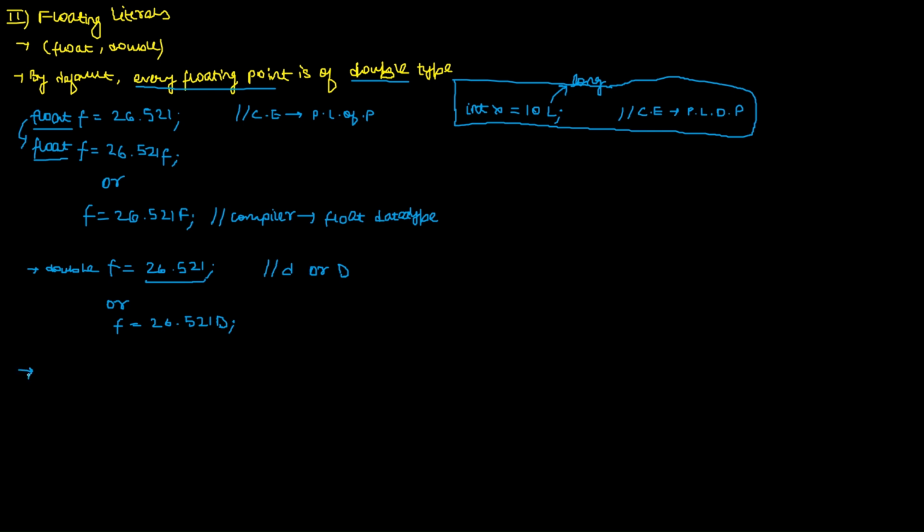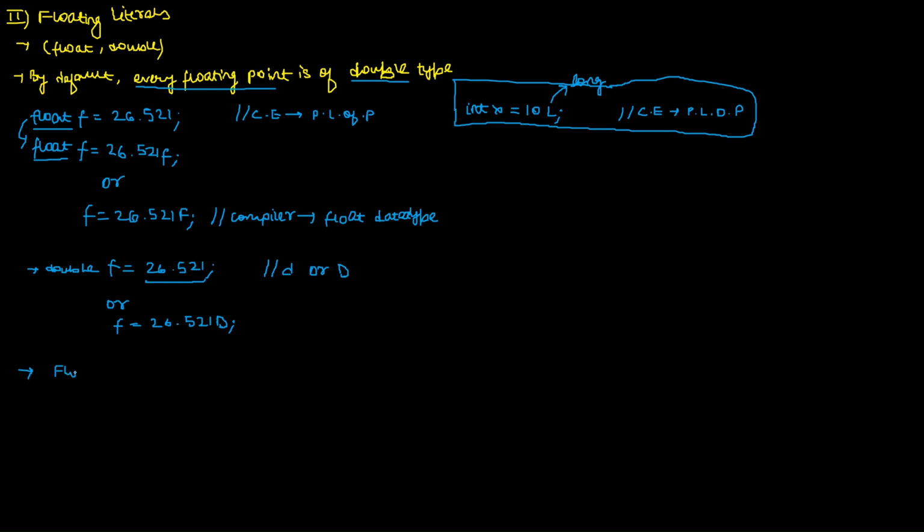Now we can specify floating point literals pretty easily, and we know how to specify double type literals as well. Now the question here would be: can't we have a representation of floating literals in binary, octal, and hexadecimal format? Let me tell you one thing.